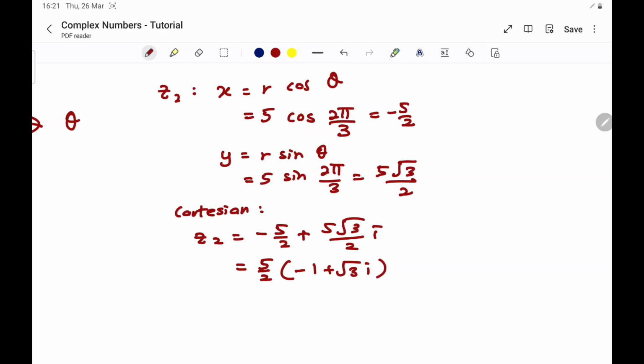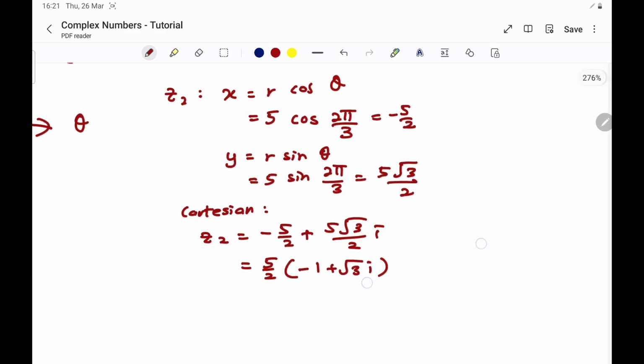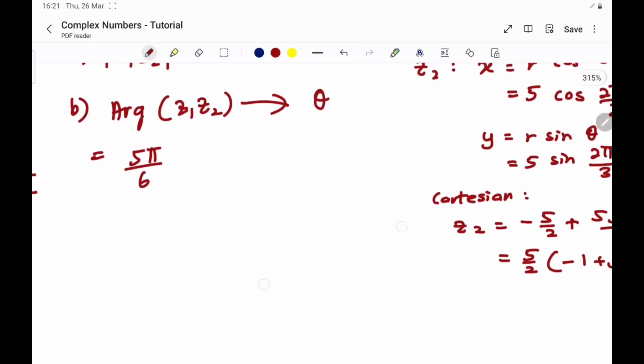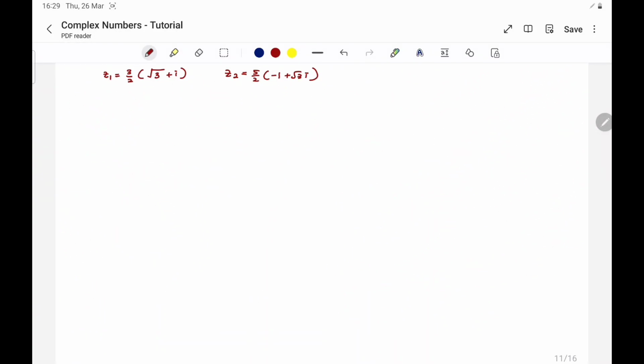Now what they want is to find z1 divided by z2. I proceed with the next question where they ask z1 divided by z2.